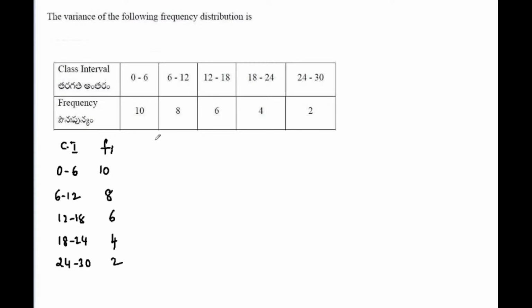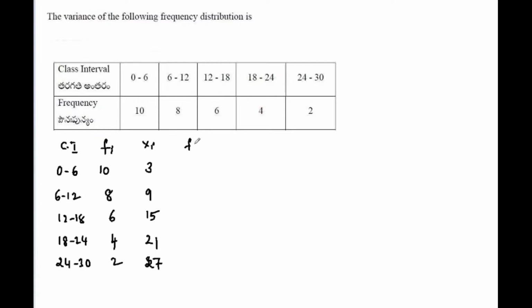And now find xi, this is the mid value of class interval, 0 plus 6 by 2, that is 3, 6 plus 12, 18 by 2, that is 9, 12 plus 18, 30 by 2, that is 15, 18 plus 24 by 2, that is 21, and 24 plus 30, 54 by 2, that is 27.